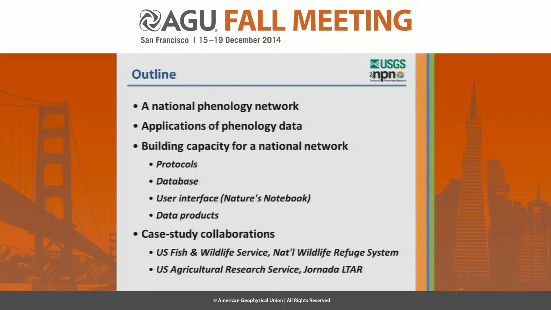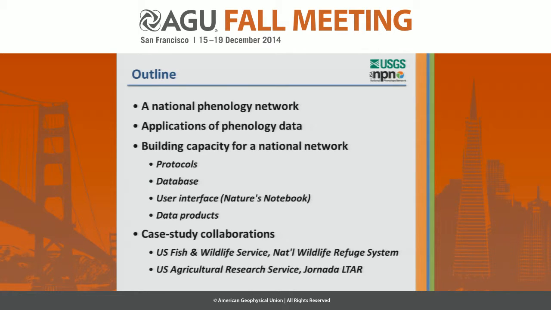So what I'd like to do is to start out with why a national phenology network, and maybe just an introduction to some of the applications of how you might use phenological data. I'd like to then shift into the context that we've recently come to as we struggled with, should we try and answer one grand challenge question for phenology, or should we be providing a new data resource for multiple uses and reuse by a variety of different users and stakeholders?